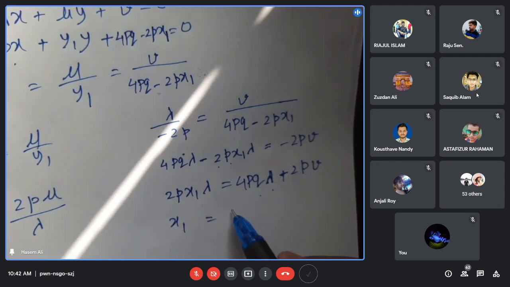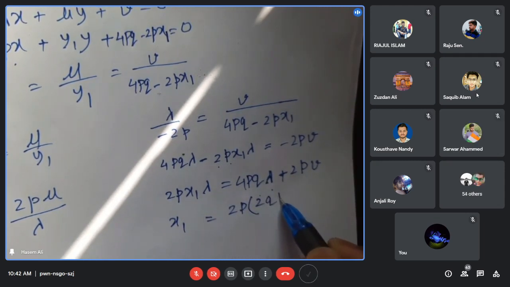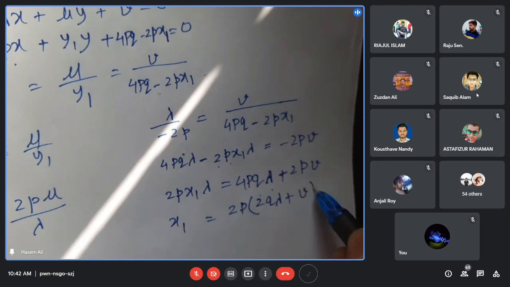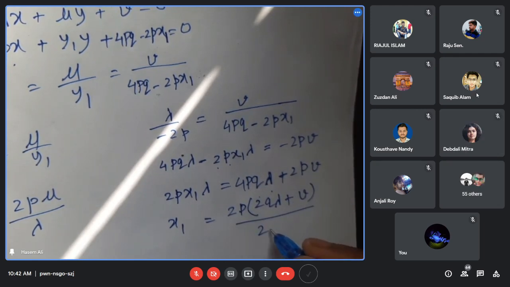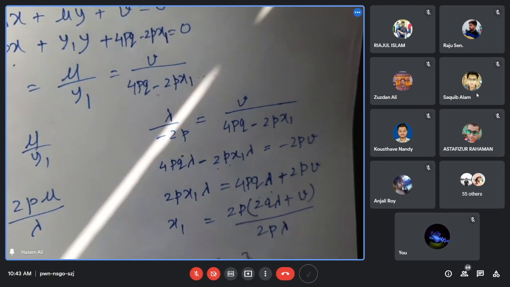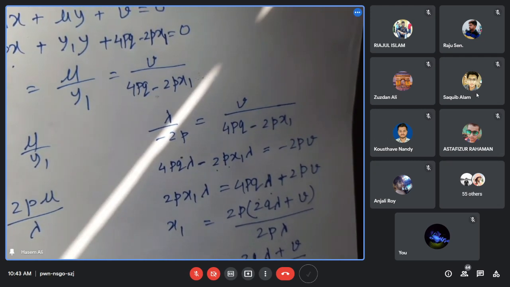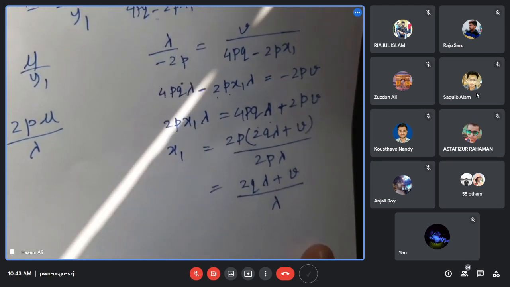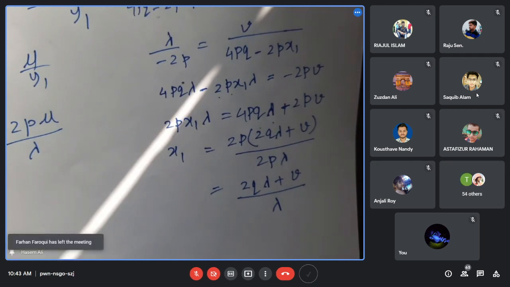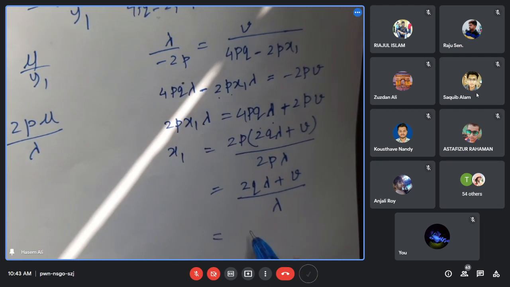Taking common 2p, x1 equals to 2q lambda plus v divided by lambda, which is 2q plus v by lambda.